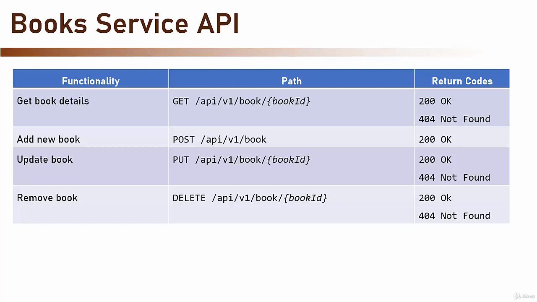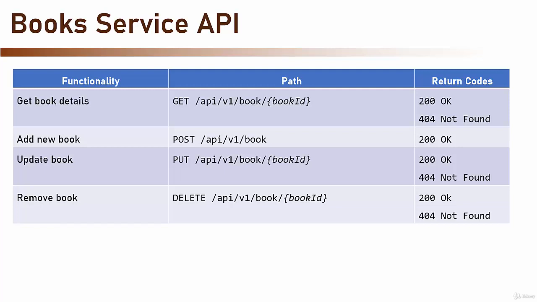Note, this is exactly the same as the Getting Book Details API, and these endpoints vary only by their verb. This is generally a sign of a good design. Here also, we expect the book details to be updated to be provided in the body of the request. The response codes here can be 200 OK or 404 not found if the book specified is not found in the system.